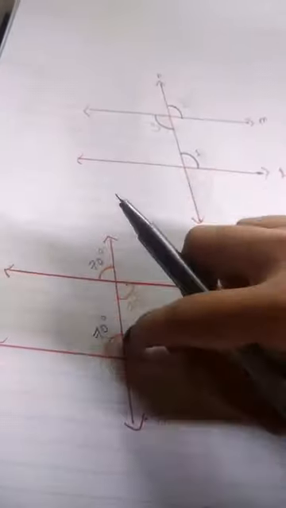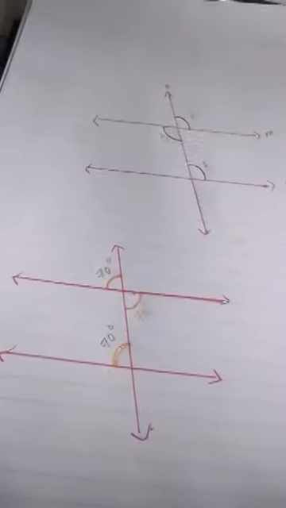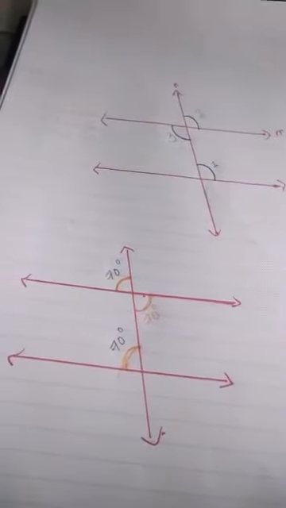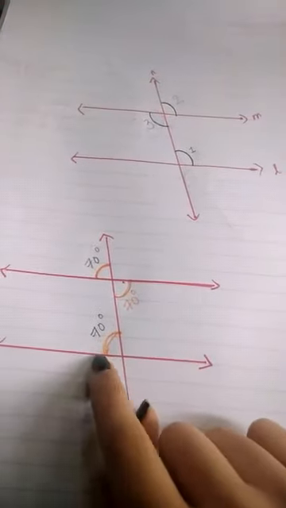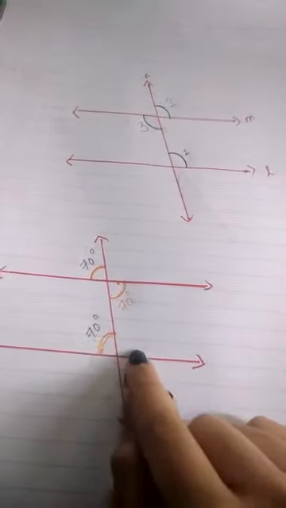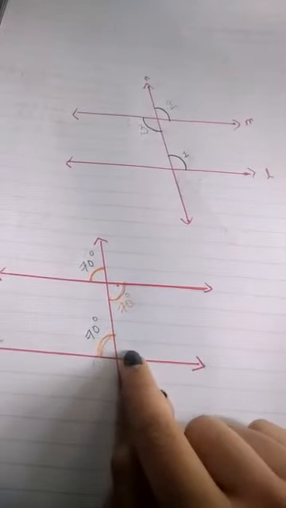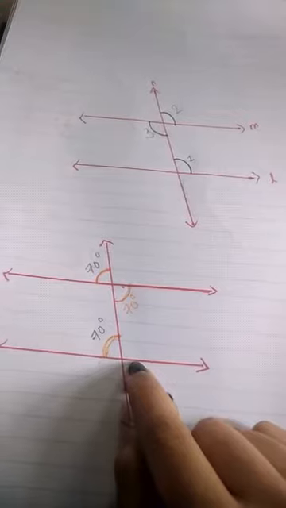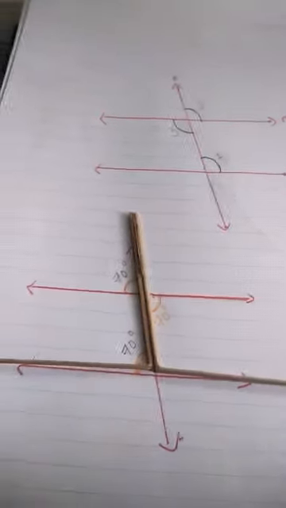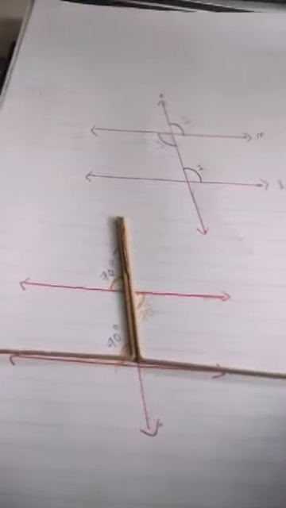Now how are we going to find the rest of the angles? We have this one, this one, this one, this one, and this one. That's really simple. Remember what we learned about supplementary angles? When there's a straight line and there are two angles making an angle of 180, how are you going to find the second one, right? So again, we're going back to the sticks example that we used.